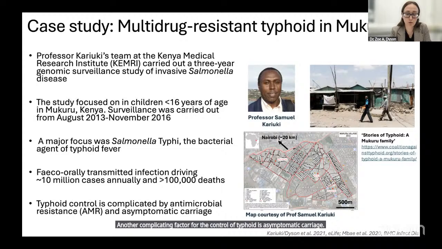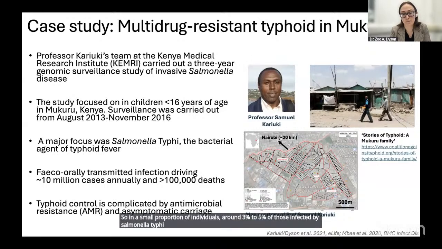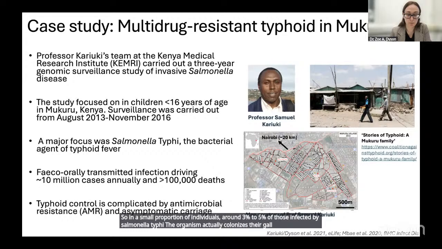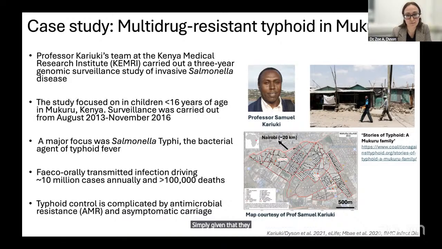So in a small proportion of individuals, around 3 to 5% of those infected by Salmonella typhi, the organism actually colonizes their gallbladder. So individuals will appear healthy, they won't have any symptoms of typhoid, but they will continue to shed the pathogen in their stool and subsequently contribute to onward transmission of the disease. And they can be quite difficult to identify in a community setting, simply given that they are asymptomatic.